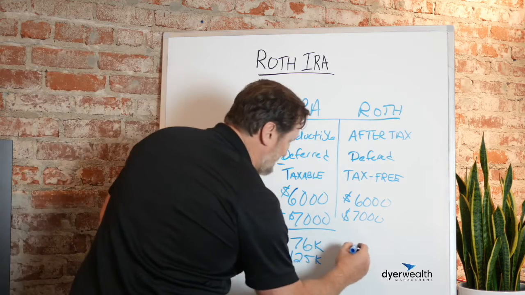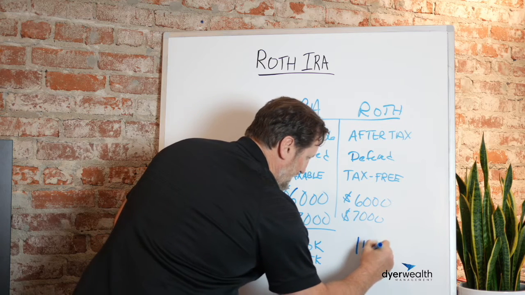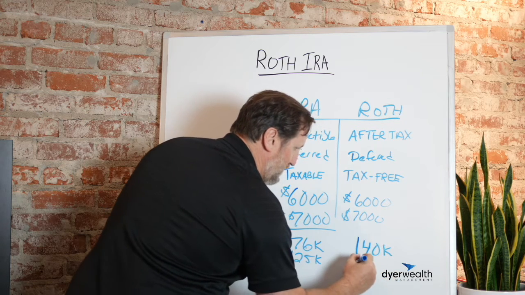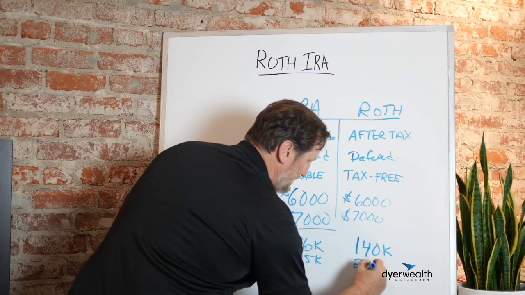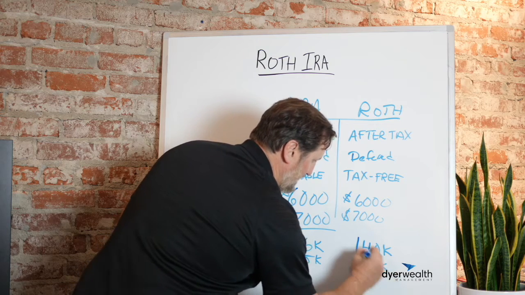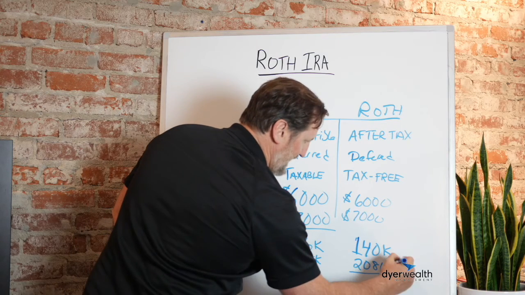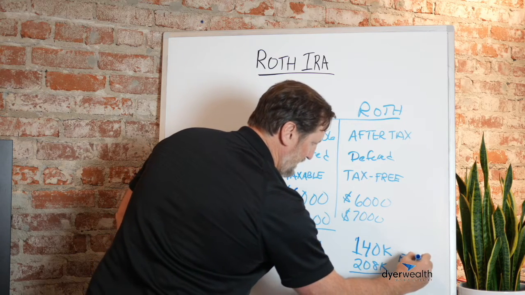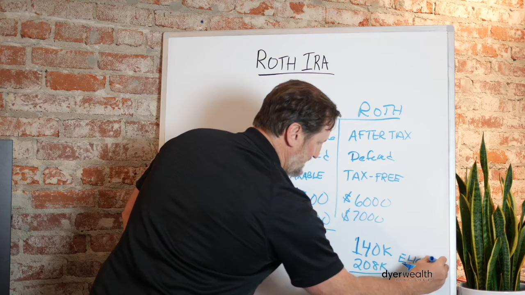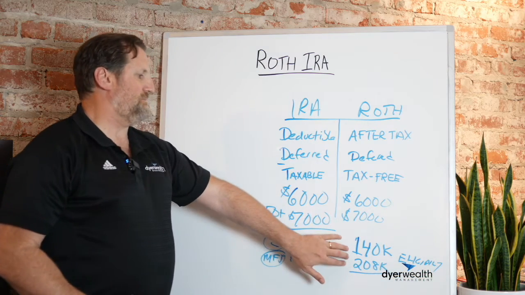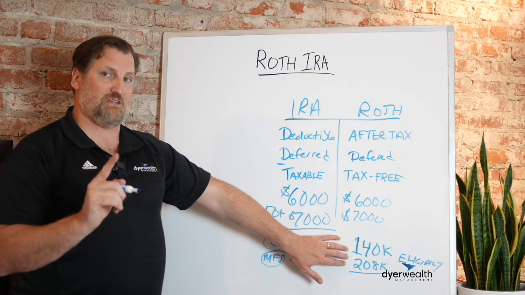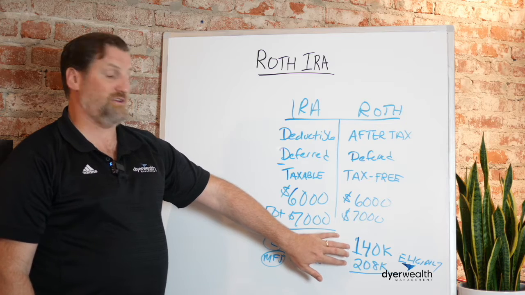Over here on the Roth side, if you're single and you make over $140,000, or you're married and you make over $208,000, this is eligibility, okay? This isn't a deduction calculation. This is whether you're eligible.